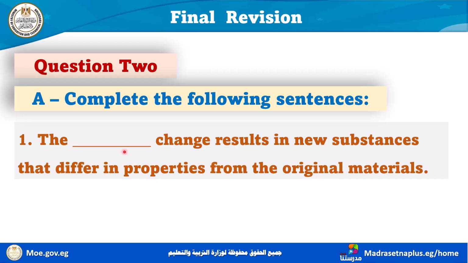The physical change doesn't include the formation of a new substance or any change in the composition of the original material, while a chemical change results in a new substance that differs in properties from the original material.